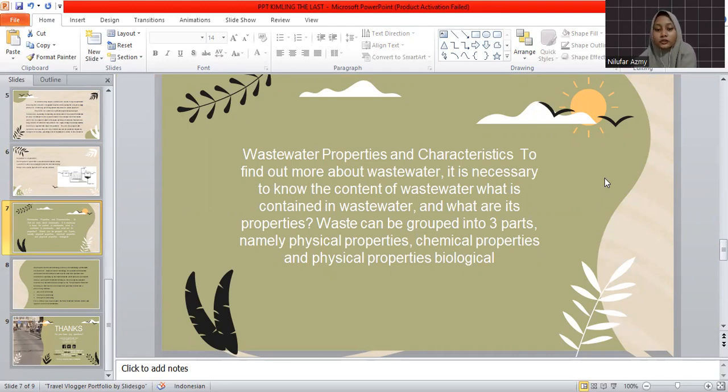To find out more about wastewater, it is necessary to know the content of wastewater, what is contained in wastewater, and what are its properties. Waste can be grouped into three parts, namely physical properties, chemical properties, and biological properties.